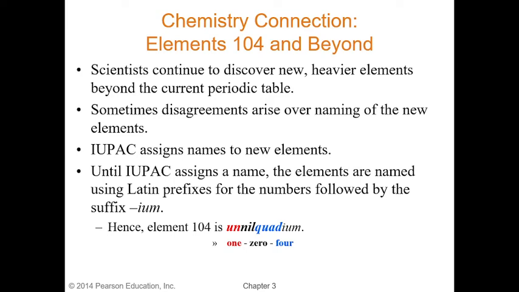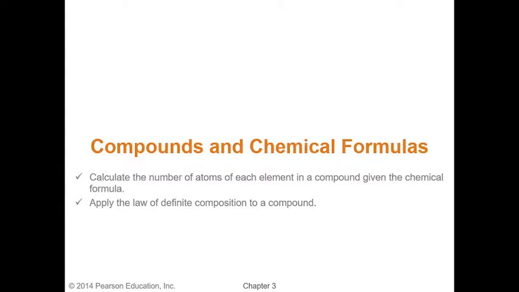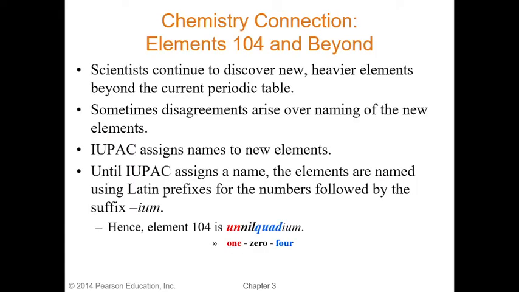So as a connection in chemistry, so we are still looking for other elements. So for example, itong element 104 is already named. But before that kasi, ay binibigyan muna siya ng temporary na name. So scientists continue to discover new, heavier element beyond the current periodic table.